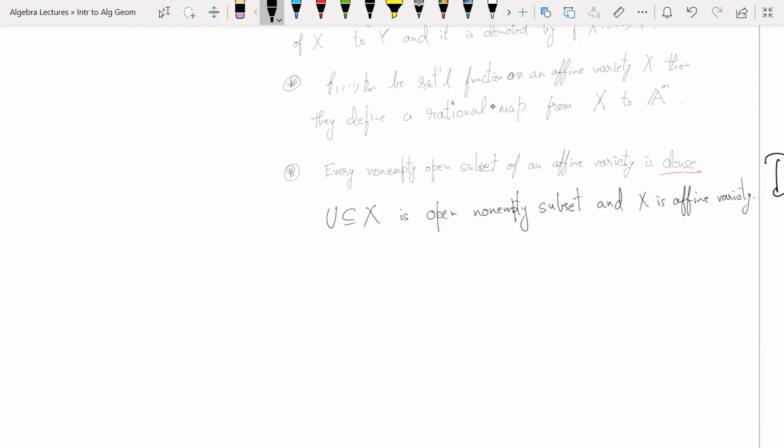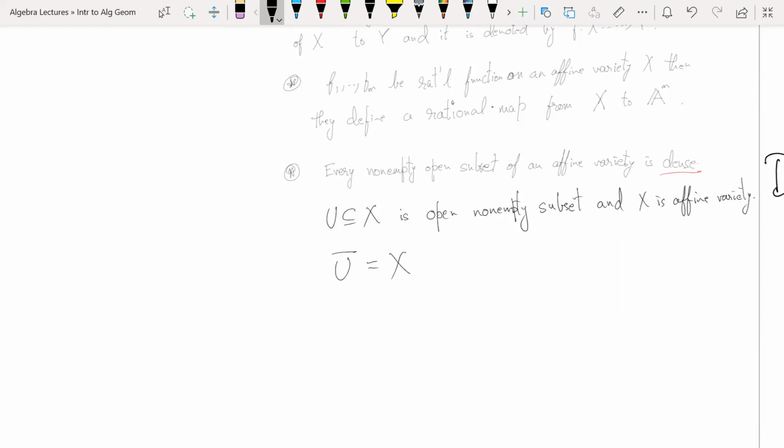What does dense mean? We would like to show that the closure of U is the whole of X.